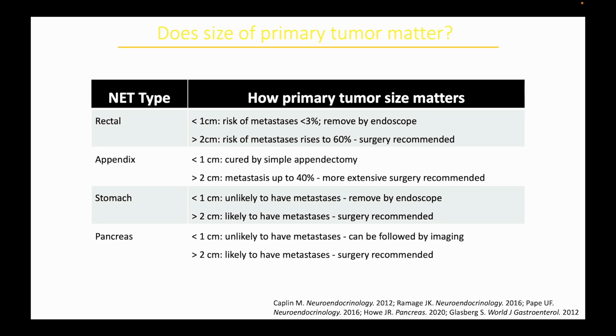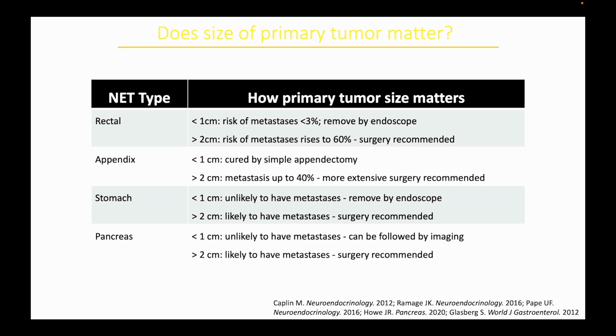Does size matter? Size does matter. There are many tumors where, depending on the size of the tumor, we can determine how risky it is. So many people have their routine colonoscopy. They're found to have a small neuroendocrine tumor in the rectum, or a small neuroendocrine tumor in the stomach.